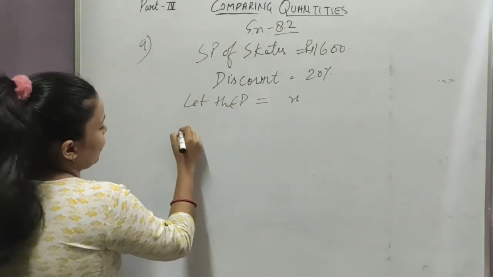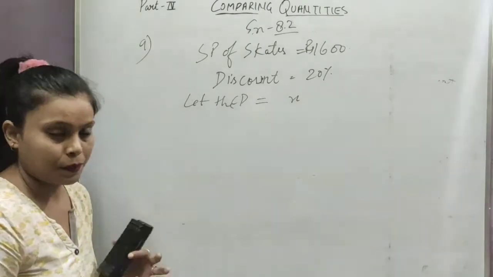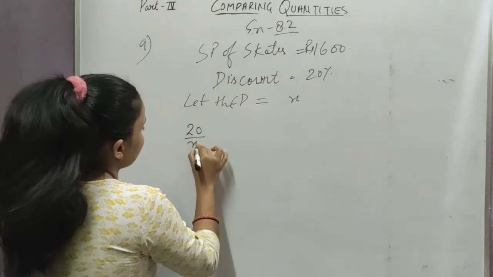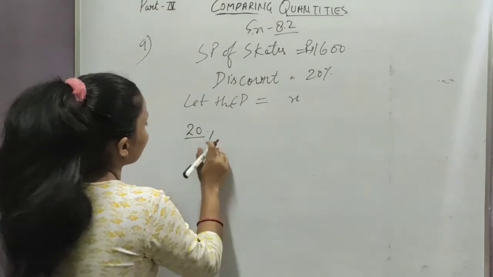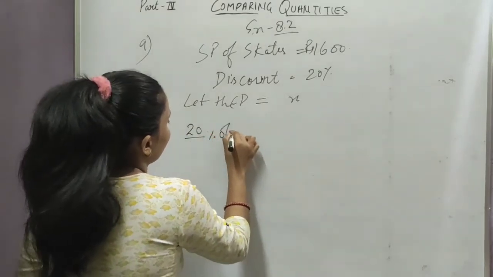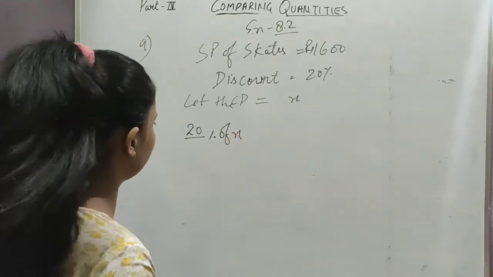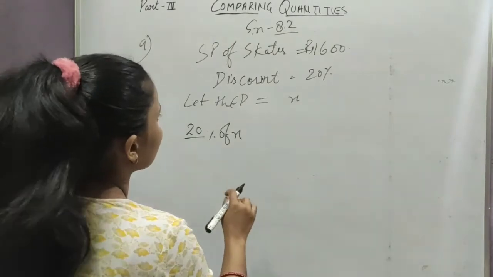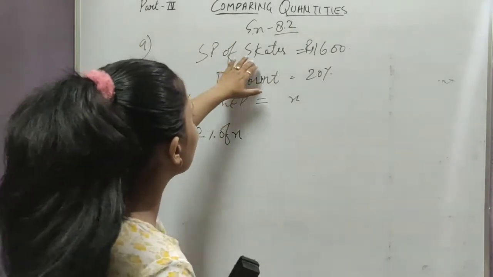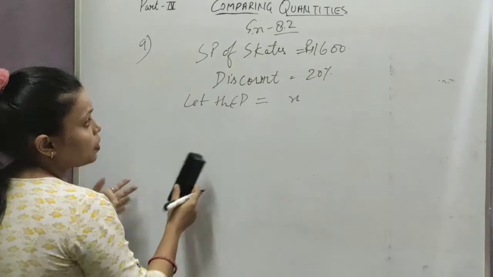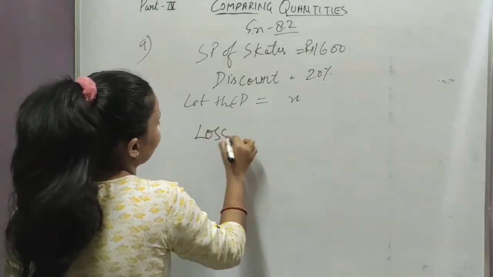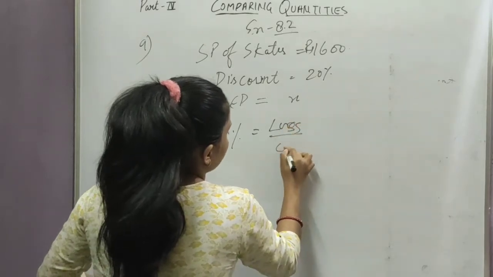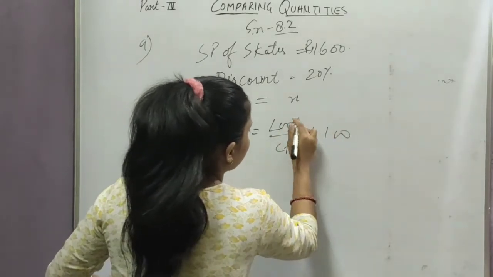So 20% of X, this is the discount, right? Discount is just like loss percentage. So we can apply loss percentage is equal to loss divided by CP multiplied by 100, right?